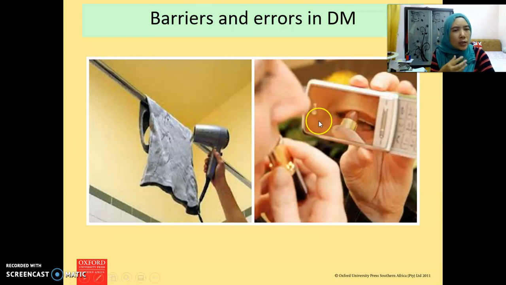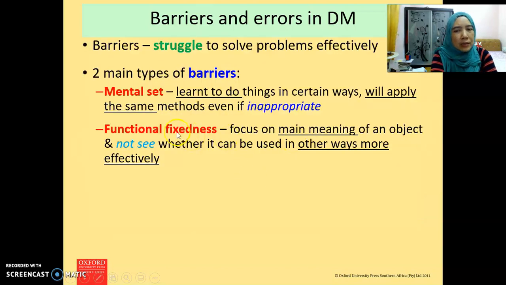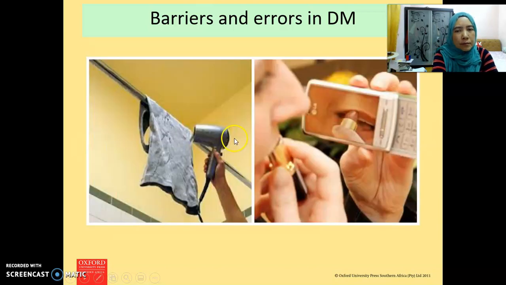How many of us use the phone, for example, as a mirror to put on our lipsticks, or for other things? If we use the gadget for purposes outside of its main purpose, then we have a good use of the object, and we do not experience functional fixedness.